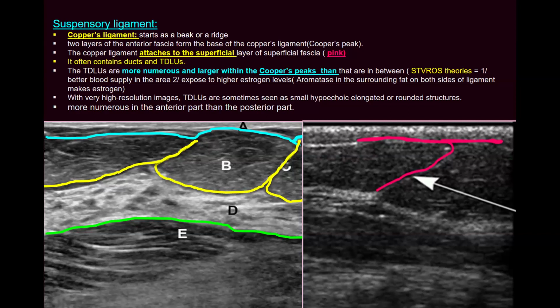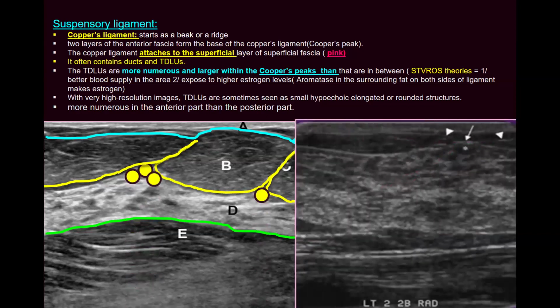It often contains ducts, terminal ducts, and lobular units. And not only that, it has been mentioned that the terminal duct lobular units at the Cooper base here are larger and more numerous than in the parenchyma in between.